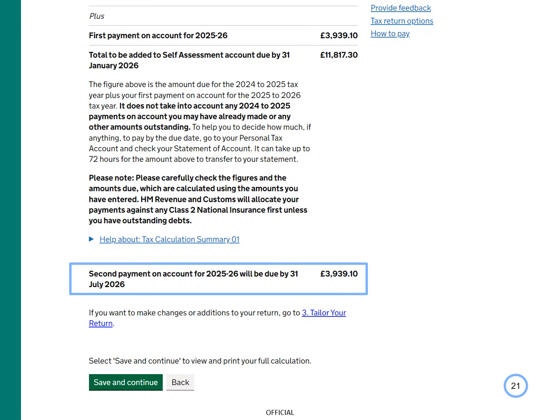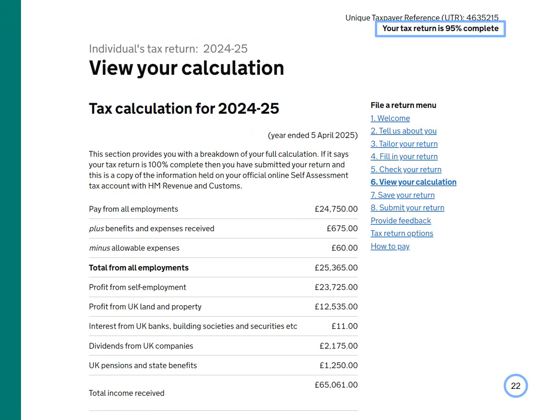Further down the page on the calculation summary, if due, you'll see the second payment on account, which is to be paid by the 31st of July 2026. Save and continue takes you to your full tax calculation. This is the full tax calculation, known as an SA302.